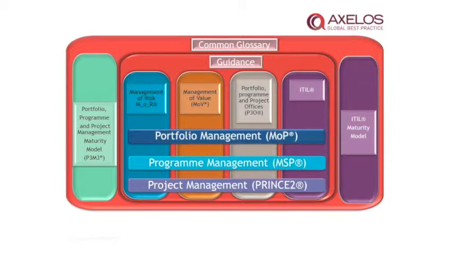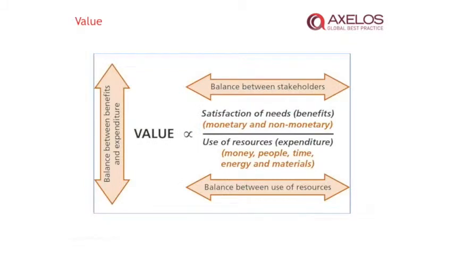This is normally summarized in the next slide as being the balance of the satisfaction of needs, the benefits that the organization is going to derive, over the resources, the expenditure that they're going to invest in delivering the project. And clearly it's about balancing those two and maximizing the value. Therefore, what MOV does is it enables you to derive the inputs for this particular equation.